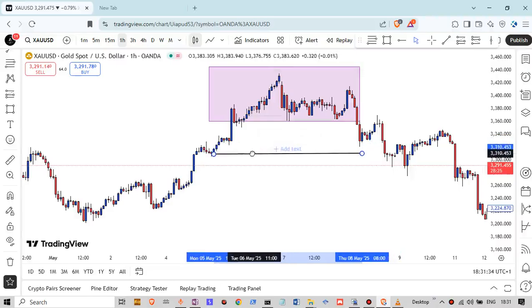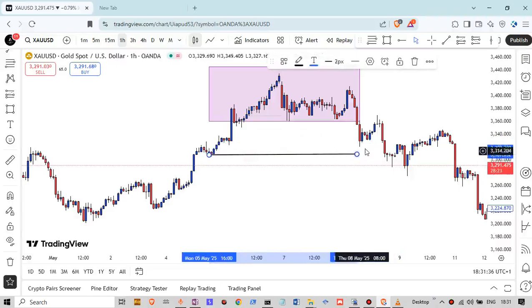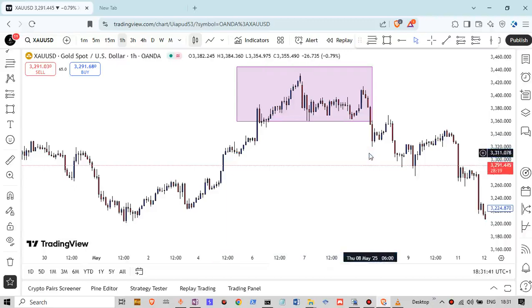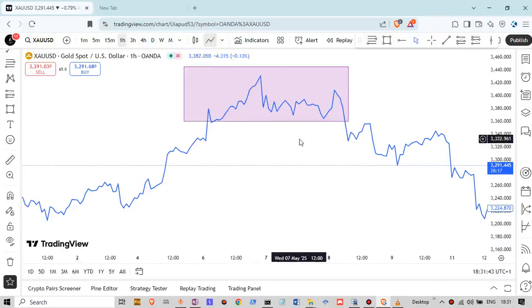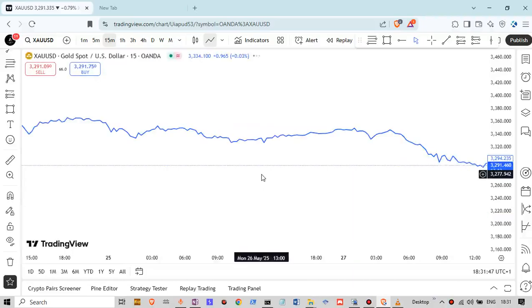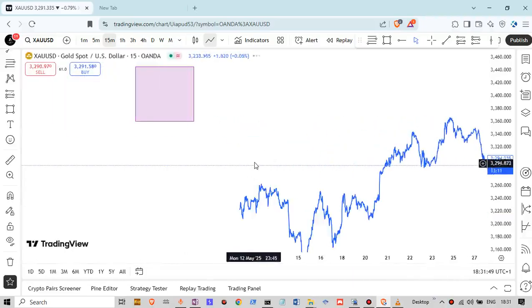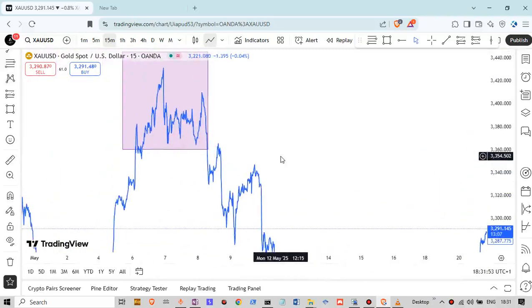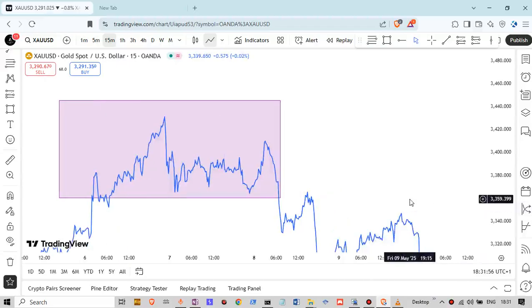Can you see that? This tells already that this market has failed and is going downwards. What if you wanted to go down to a lower time frame, let's say the 15 minute time frame? Just know that the more you go down to a lower time frame, you have more data to deal with, and sometimes you can get the clarity there as well.